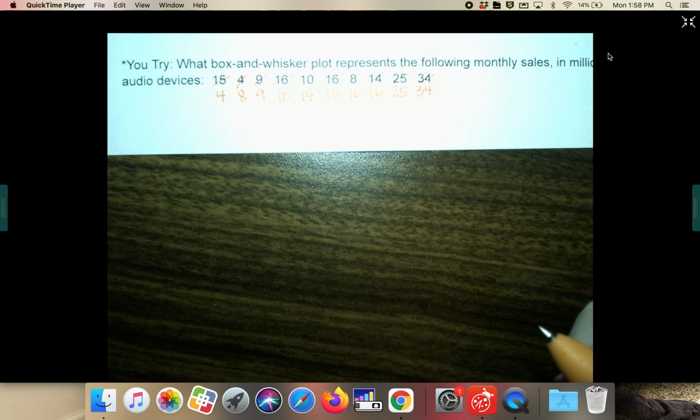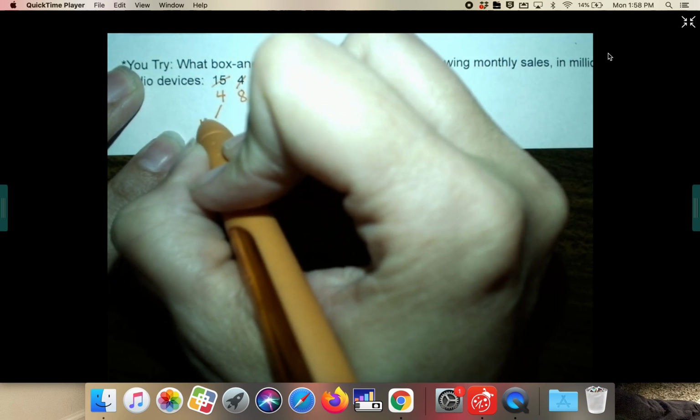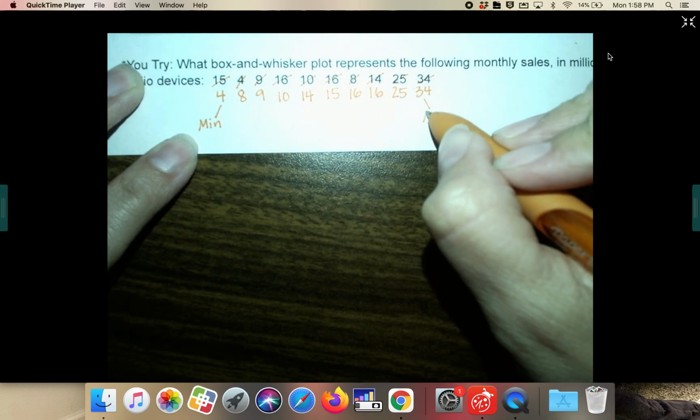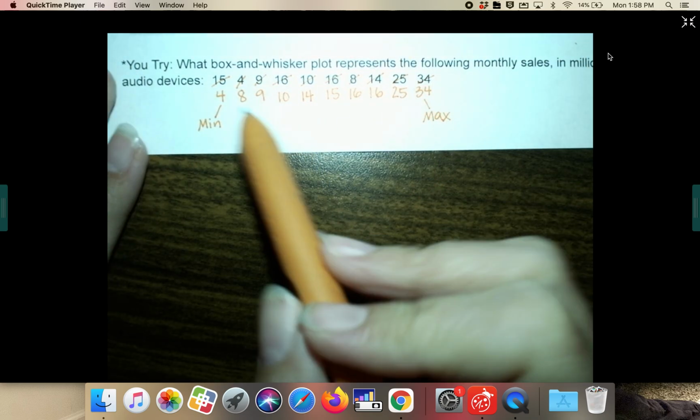Okay, now that they're in order, we can actually go ahead and identify the minimum, the maximum. Let's find the median.